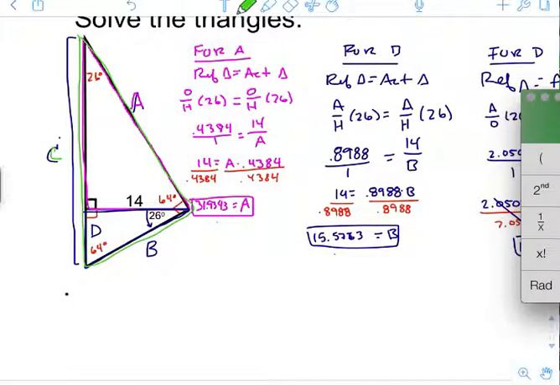So let's go ahead again to solving for C. So I'm going to use A and C. So A is my adjacent. So let's see, reference triangle is equal to actual triangle. So adjacent over hypotenuse for 26. This should be the same for my referencing angle or my actual triangle.